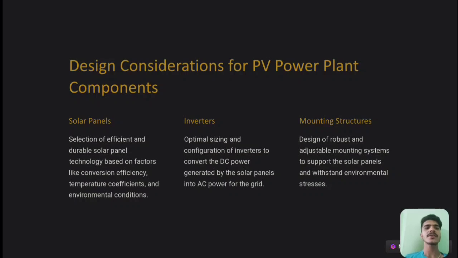Next, mounting structures: design a robust and adjustable mounting system to support the solar panels and withstand environmental stresses.